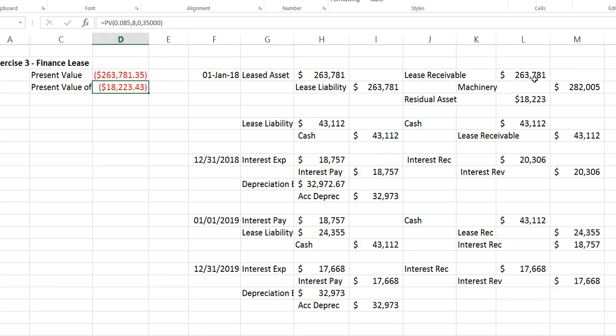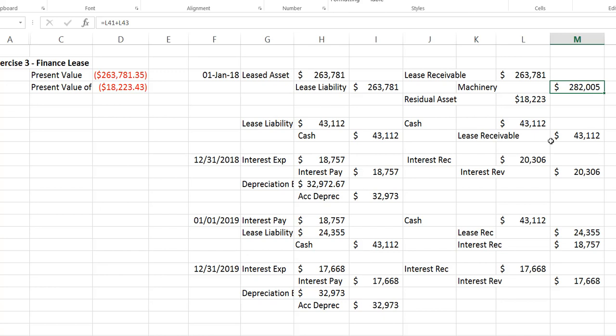So their lease receivable is the same as the lease liability, but they also have this residual asset that they're going to get back. That's the present value of that $35,000. So their total is going to be the $282, which we said was the cost of the machinery. So basically now they don't have the machinery anymore. They financed it, and they have this lease receivable and this residual asset.